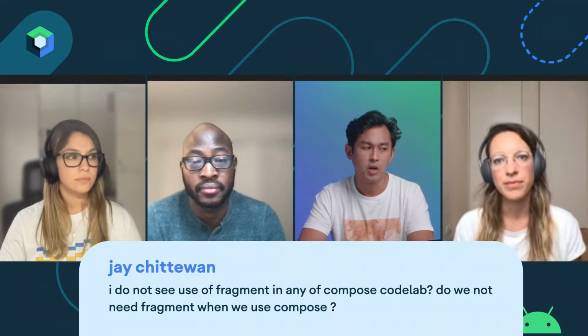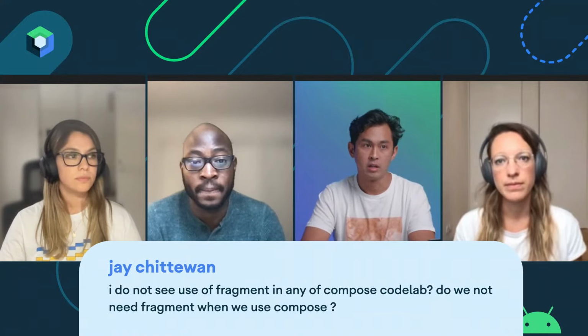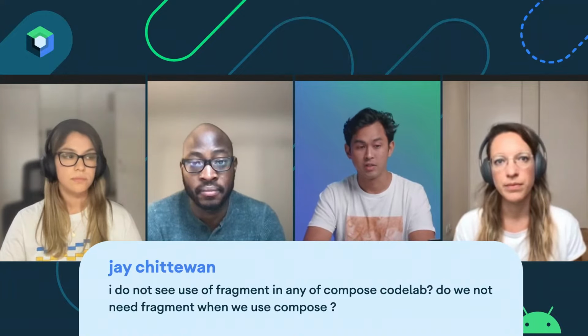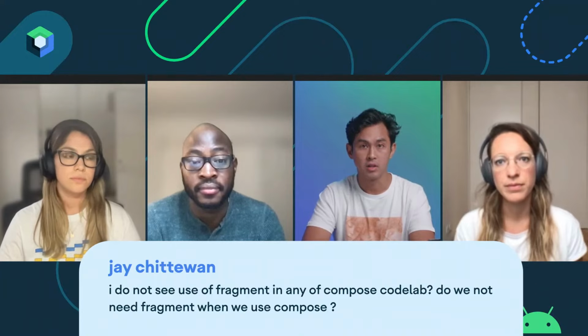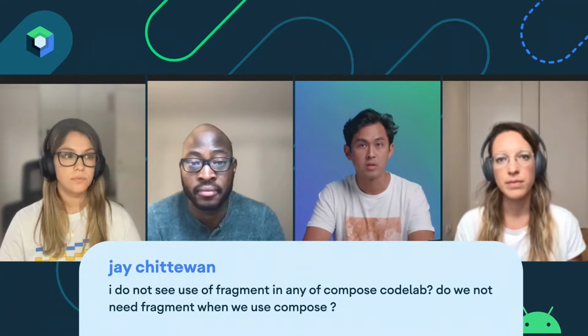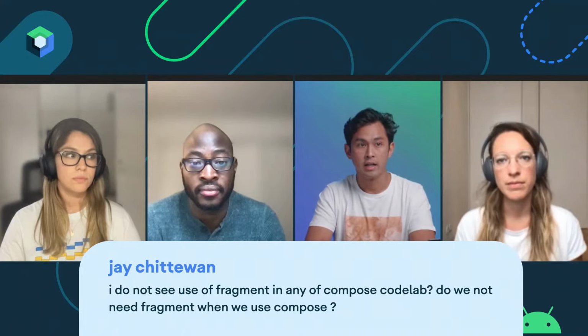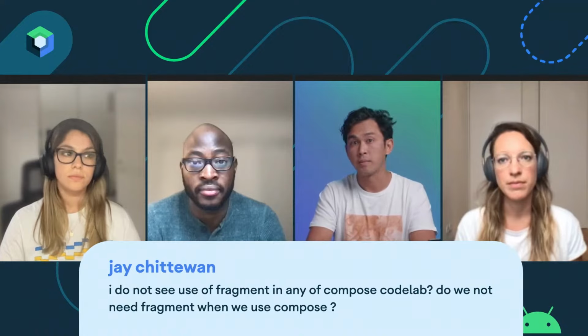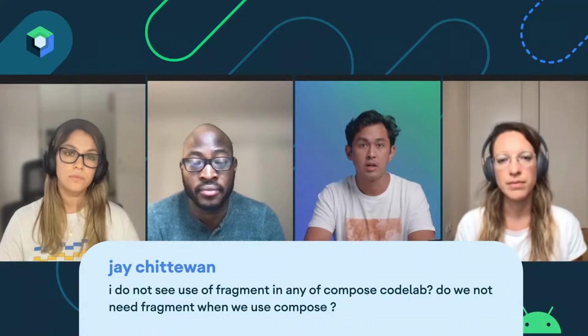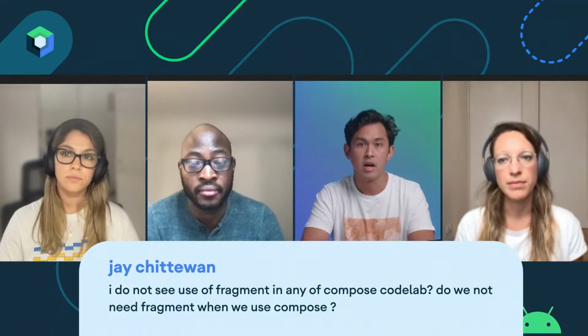So if you are starting out with a new app, you definitely don't need to use Fragments. You can go 100% Compose. Now, there might be some edge cases where maybe you're using a third-party library that uses Fragments and you have to bring it into Compose. You can do that as well using the AndroidViewBinding composable function.